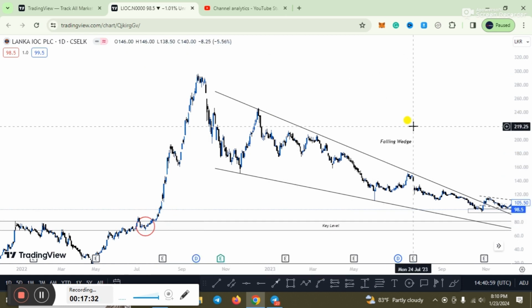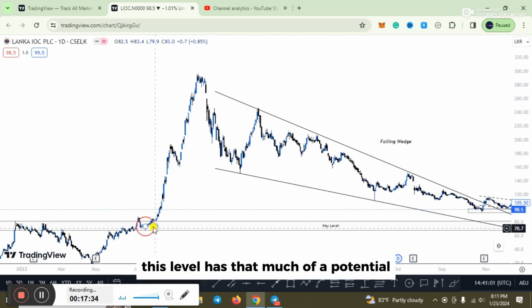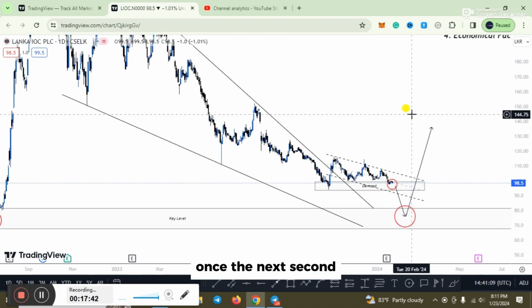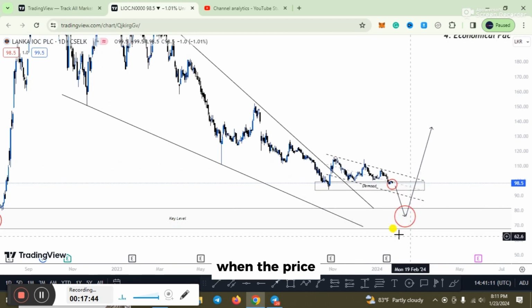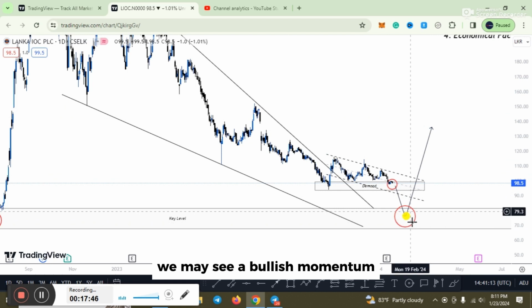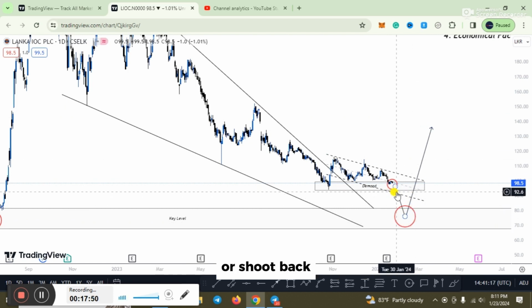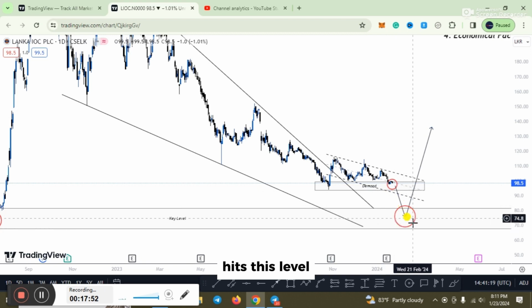So even though this level has that much potential, we cannot predict that the next second when the price hits this level, we may see a bullish momentum. So we cannot expect a shoot back once the price hits this level.